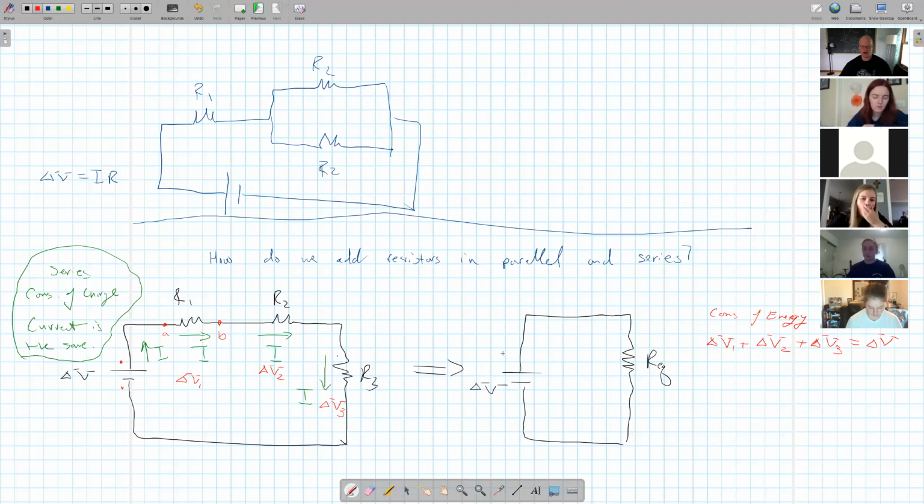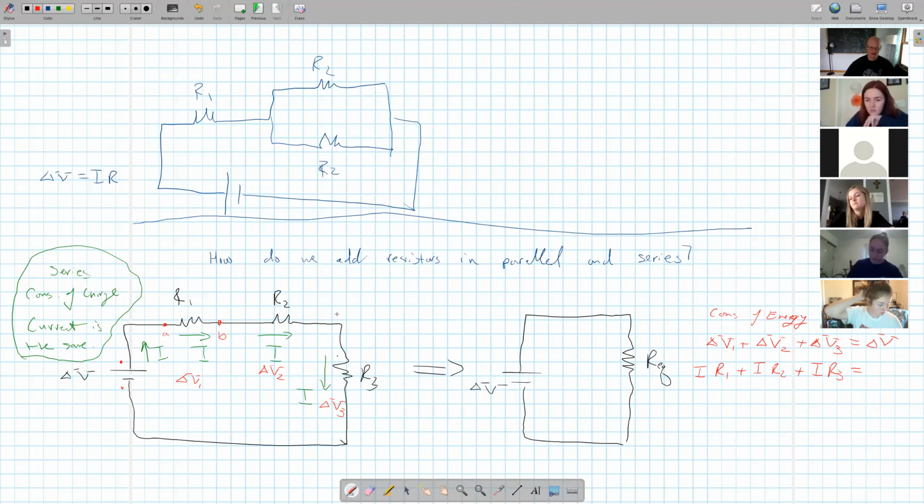According to Ohm's law, the potential drop from resistor 1 is going to be the current times the resistance R1. The potential drop across R2 is going to be the current times R2, and the potential drop across the third one is going to be I times R3.